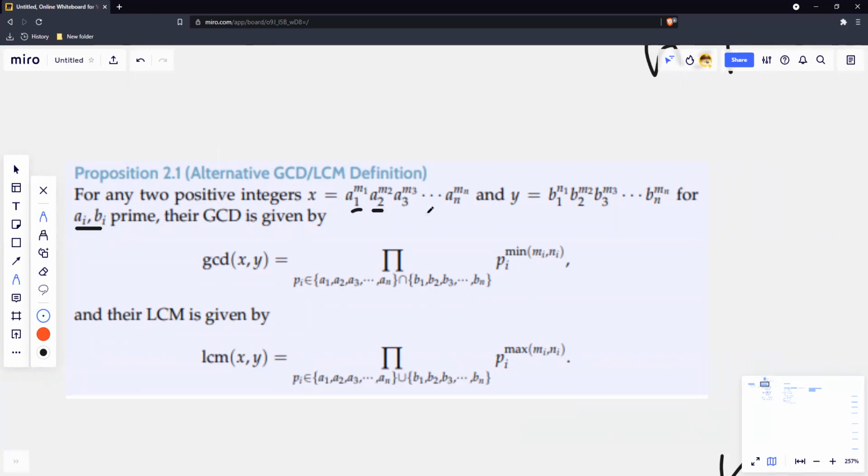Then the GCD of x and y is the product of the p sub i, where we are basically finding the p sub i that is in every single number, and this is the intersection.